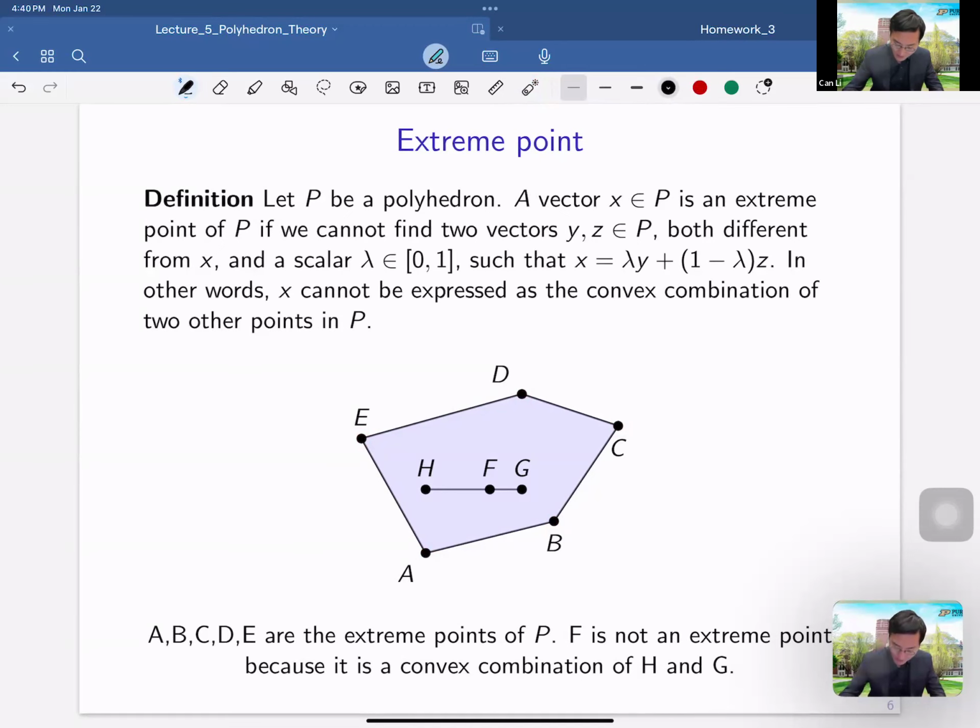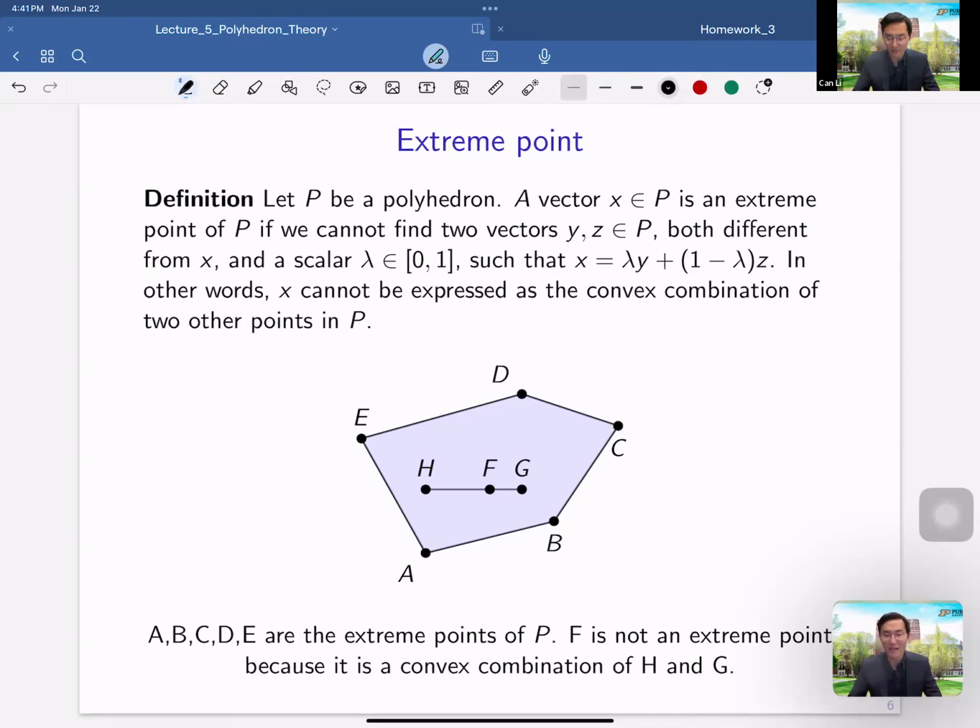Of course, it can be expressed as two distinct points that are outside this polyhedral. But if you want to express it as two points within this polyhedral, it's not possible, right? If you pick an arbitrary point and want to express C as a convex combination, you will go outside this polyhedral. So that's why C is an extreme point here.